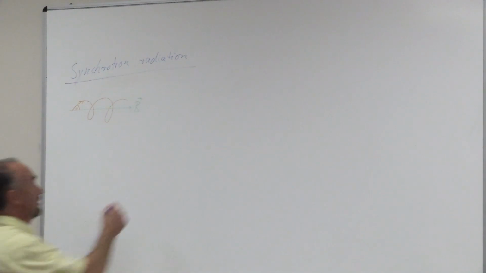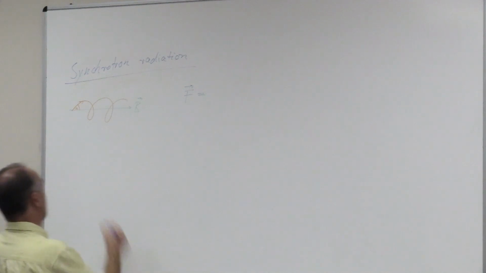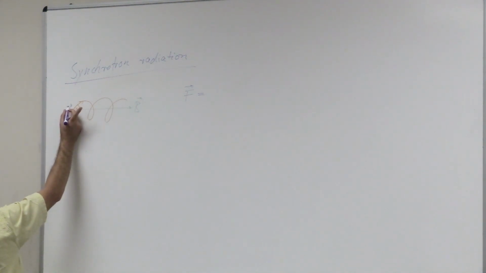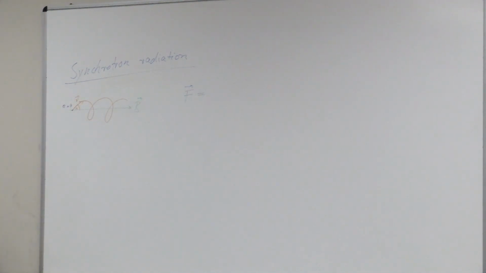What is the acceleration on the particle here? That's the Lorentz force, right? The Lorentz force is, say we have some charge Q here. Let's say we're dealing with an electron, so that's the elementary charge e. Then, what's the force on a particle moving with speed v at an angle alpha to the magnetic field?